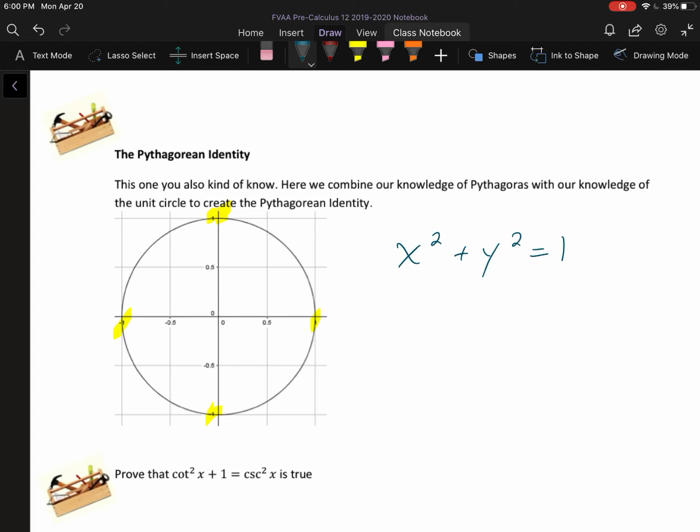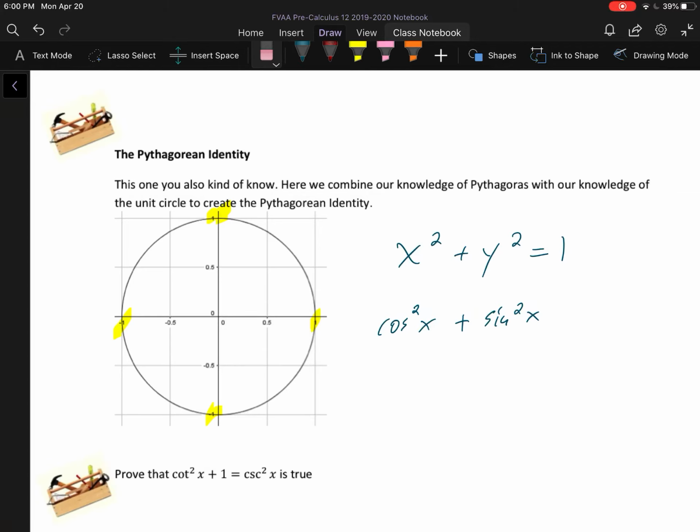From here, I know that in the unit circle, I could substitute x with cosine and y with sine, right? So I can change the x into cosine, and it would be cosine squared, because it's still x squared, so that would be the substitution for that. And then for the y, it would be sine squared as well.